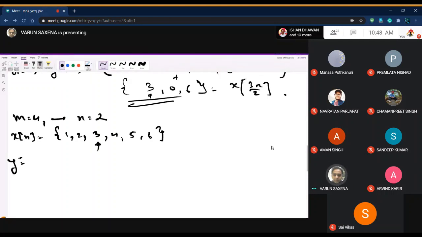Let me just get some y[n], which is x[4n]. What is this thing now? Actually, this sequence won't give anything, because the number of values is less. It'll just give you a 3. So this example is not good. Let me just take another example. Let me just increase the values.